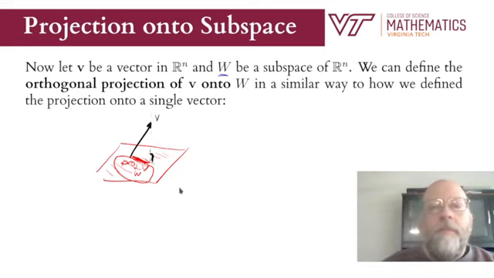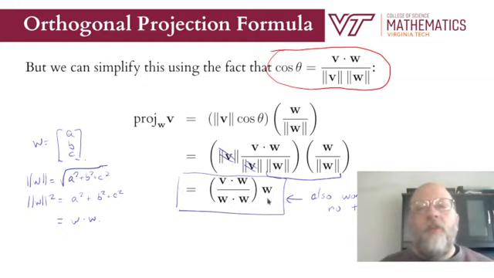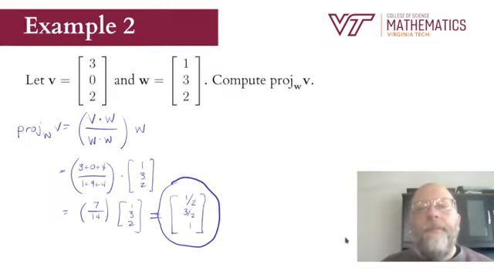All right. So how can we define that? Well, it's going to be based on the idea that we just had. Let me back up 2 slides. This formula gives me the projection onto a single vector.